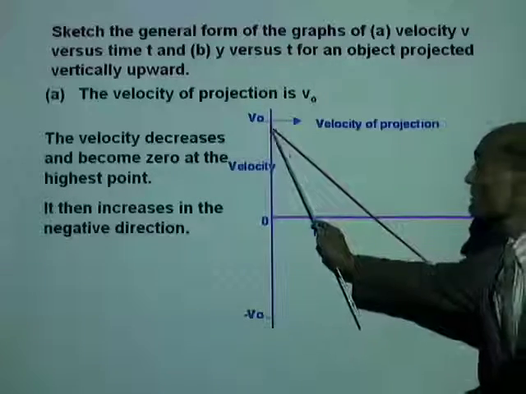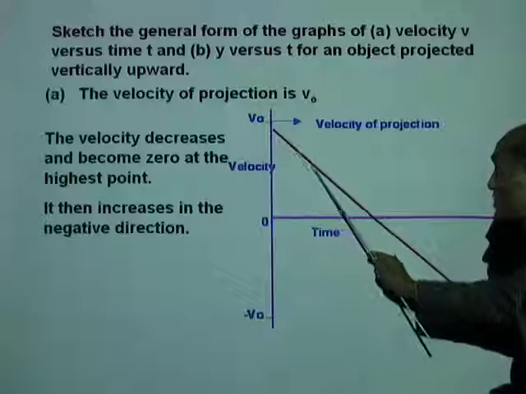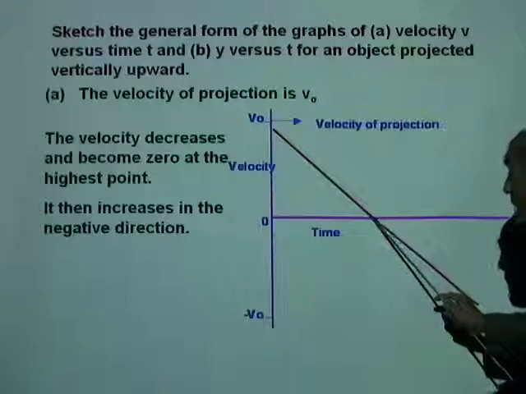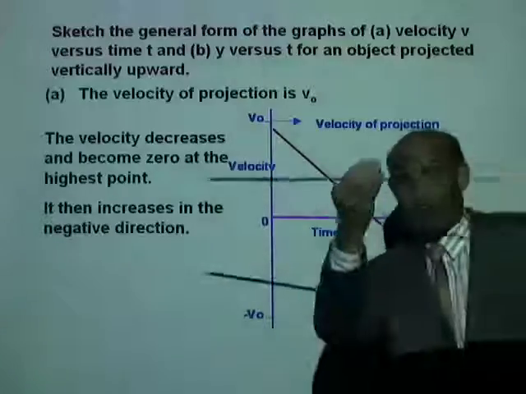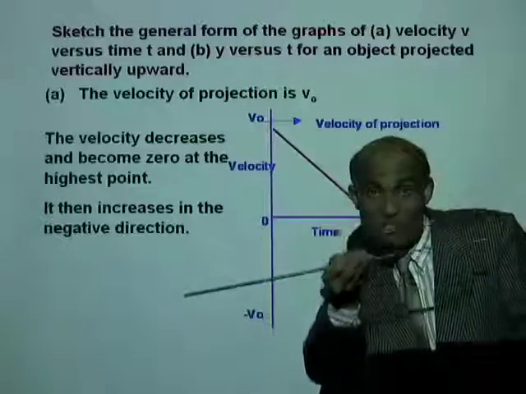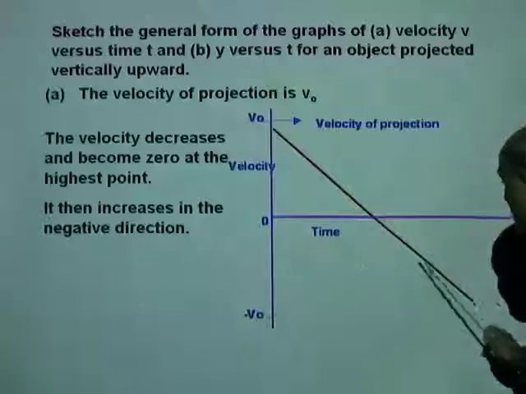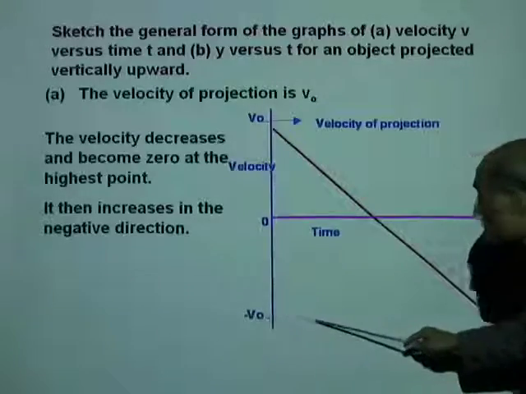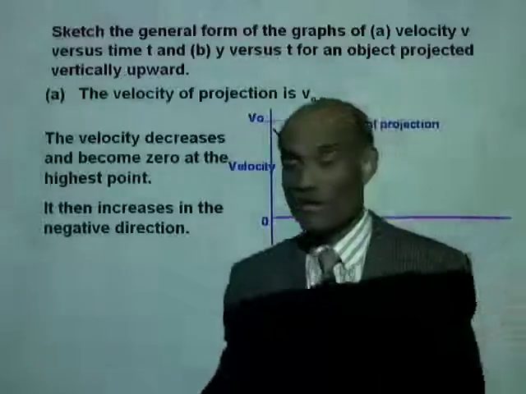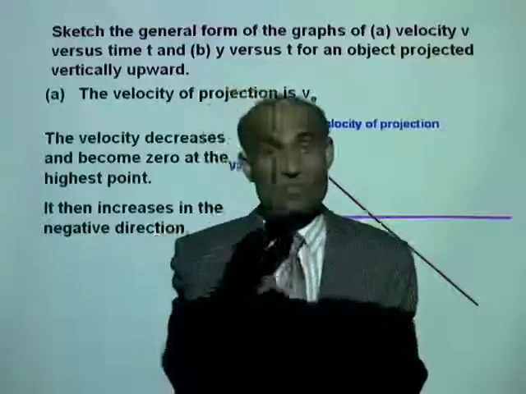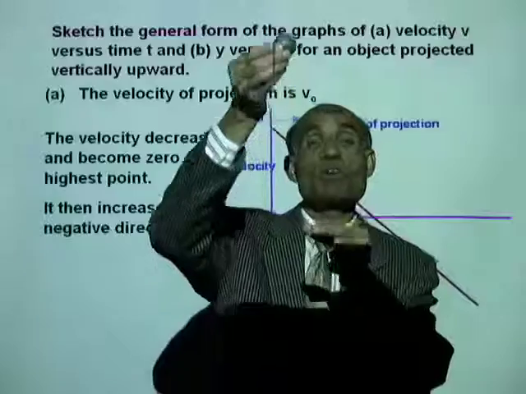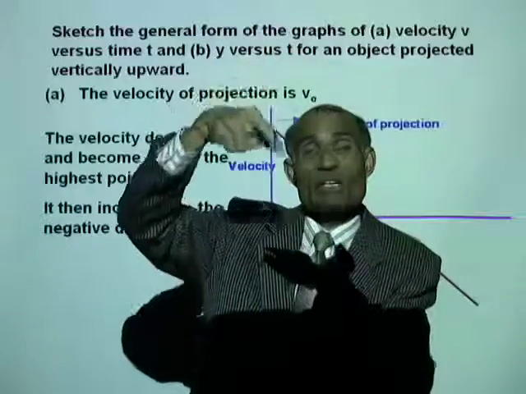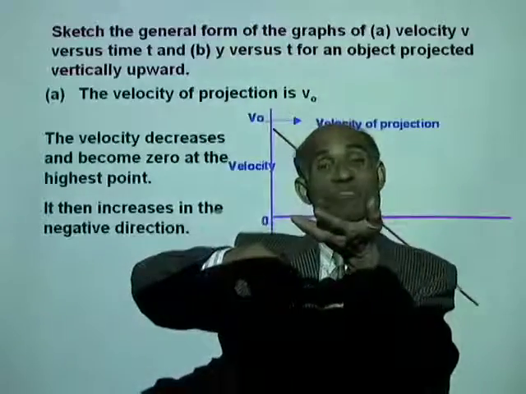So the velocity from V0 decreases to 0, and then, because it is negative, it continuously decreases to a velocity negative V0. So if I throw this up with an initial velocity positive V0, when it comes back, its velocity will be negative V0.